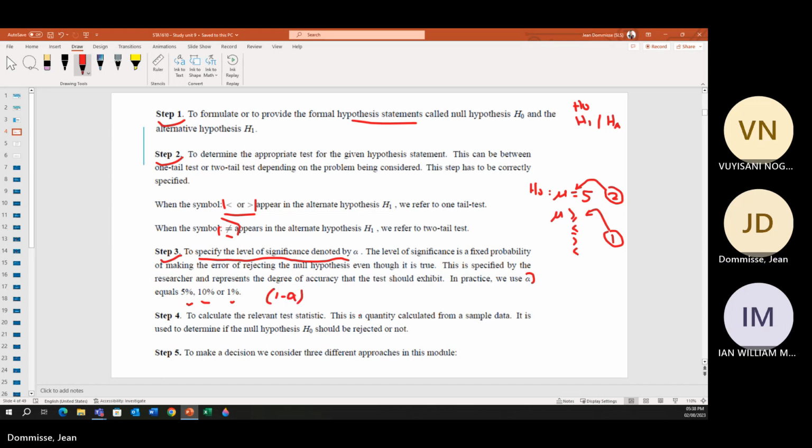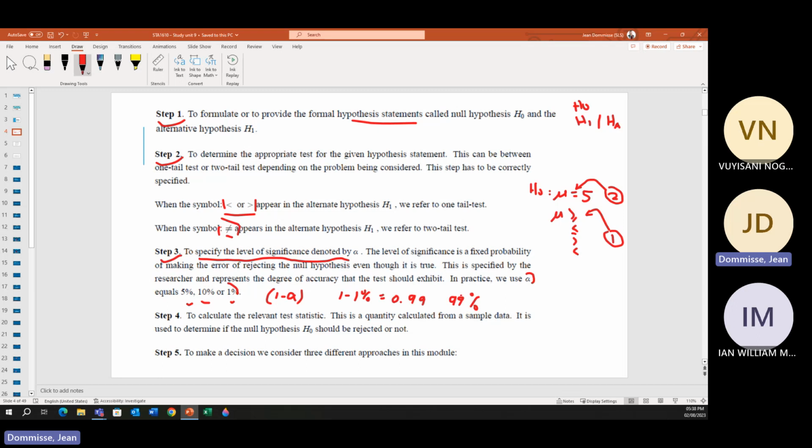So if I get a significance level of, say, 1%, it will be 0.99, or it will be a 99% confidence interval. So just some of the times they give you the level of significance. Sometimes they will give you the other numbers.